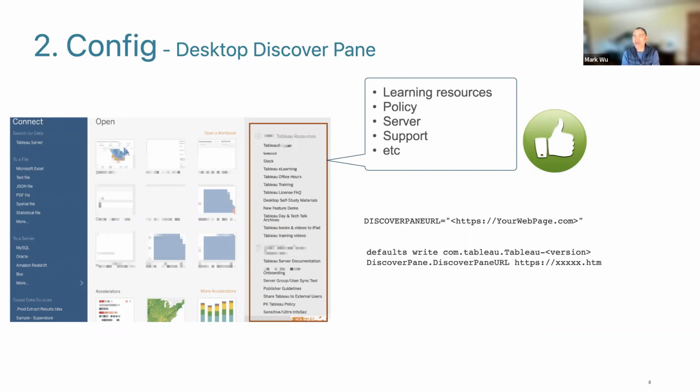This is probably the one main reason why you want to control your deployment: you have good reasons to keep certain things very consistent. The number one thing many people have been looking for is the Discover pane. That is a good place where you can have your company's information right at the fingertips of every Desktop user.